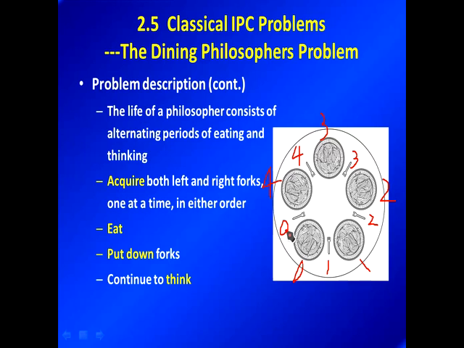But fork 0 is shared by process 0 and process 4. So when process 0 wants to pick up fork 0, fork 0 might be held by process 4, right?